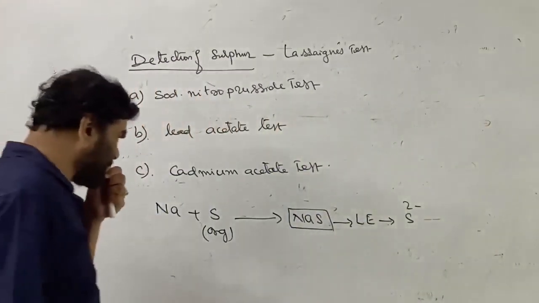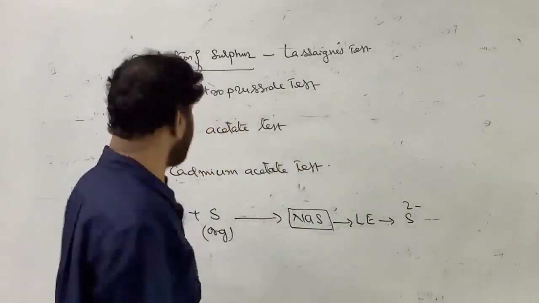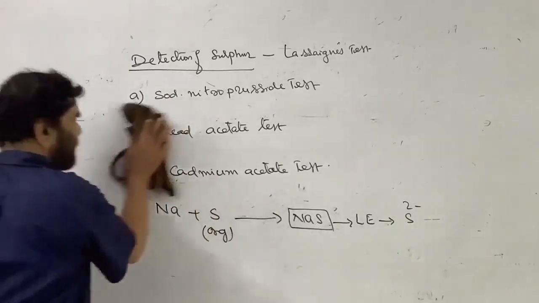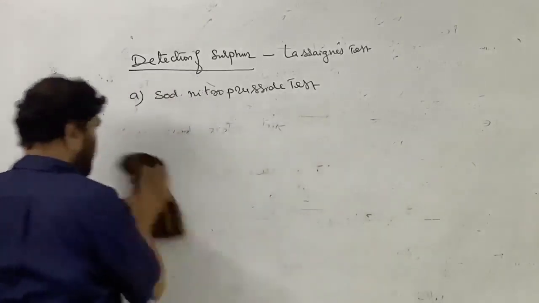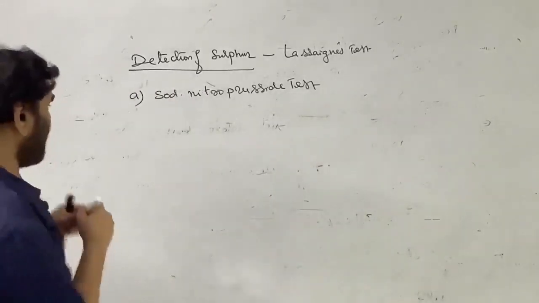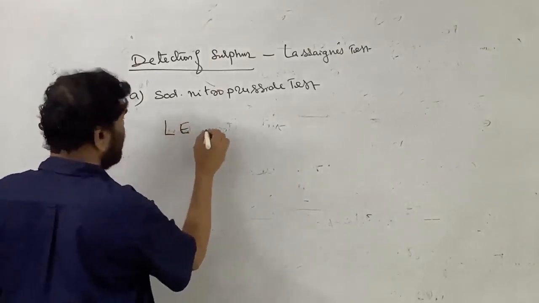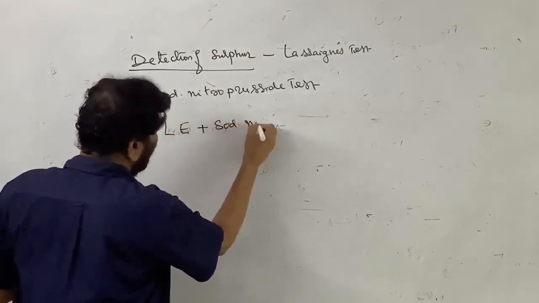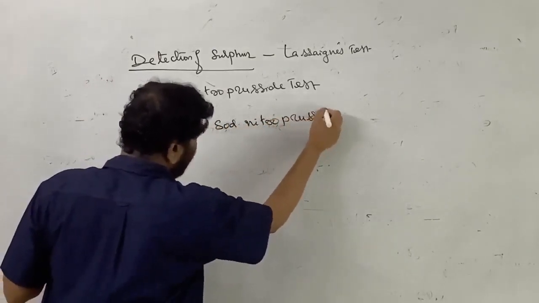So what is the nitroprusside test? The very first test is the sodium nitroprusside test. Simple: to the Lassaigne's extract or sodium extract, add sodium nitroprusside, a complex compound.